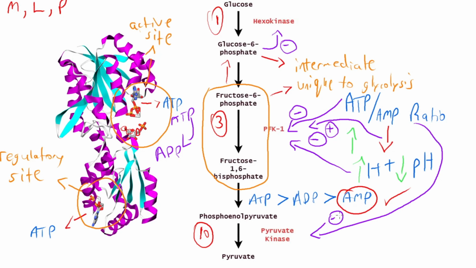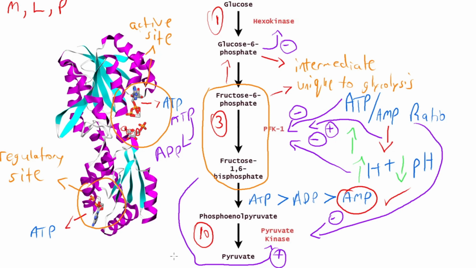However, not because AMP binds to it, but because ATP wouldn't bind to it, so it wouldn't be inhibited. And lastly, fructose 1,6-bisphosphate actually plays a role in regulation by activating pyruvate kinase. So fructose 1,6-bisphosphate activates pyruvate kinase allosterically.